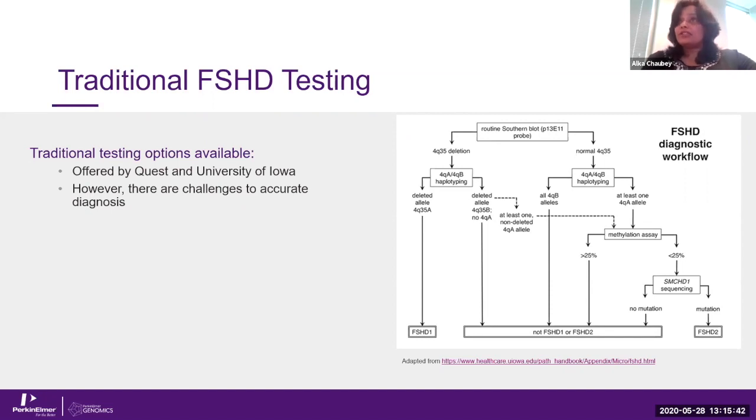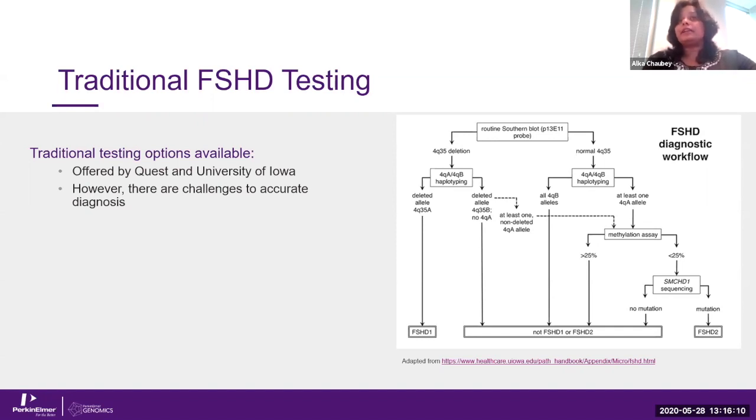Now, the methylation assay can only ascertain if there is another gene, SMCHD1, and I'll talk about it in a bit, which is on chromosome 18. Variations in SMCHD1 along with hypomethylation and the presence of the permissive allele, that means one of the 4QA alleles, can lead to FSHD2.